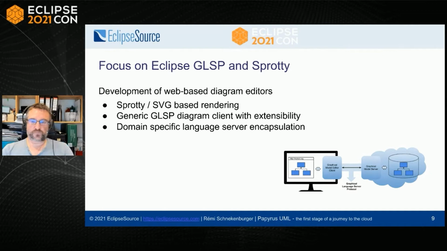And the model server itself would contain all of the domain-specific language and can provide all the encapsulation that you need so that your client can just access the model and interact with it. GLSP is based on an extension, or it can be seen as an extension, of the Language Server Protocol, which was defined for textual editors, and it's the adaptation for graphical editors, which is a pretty good pattern also.